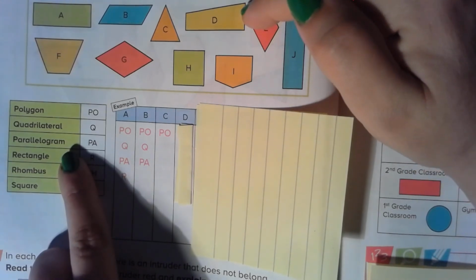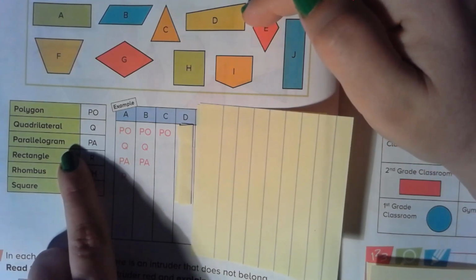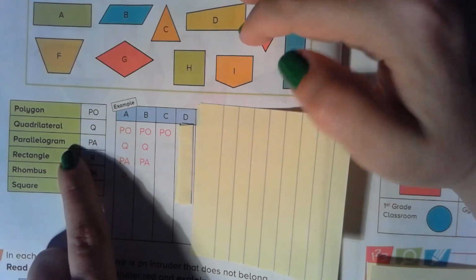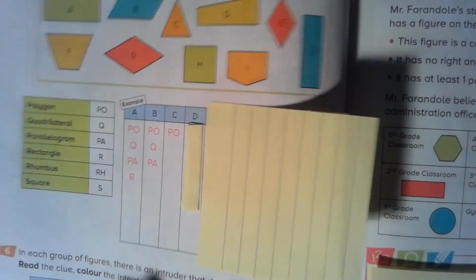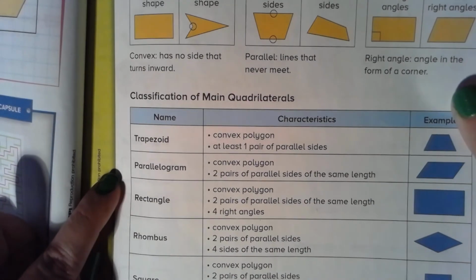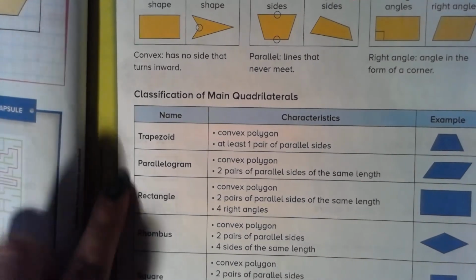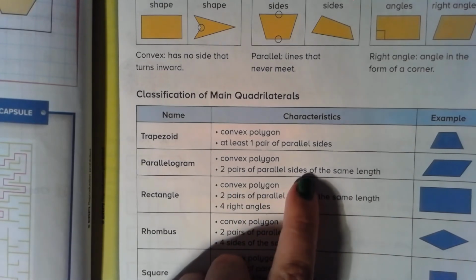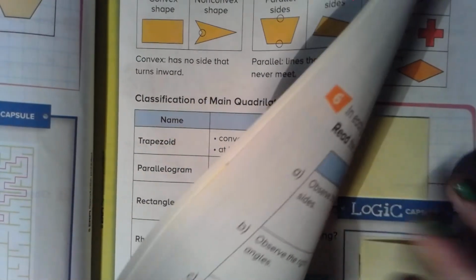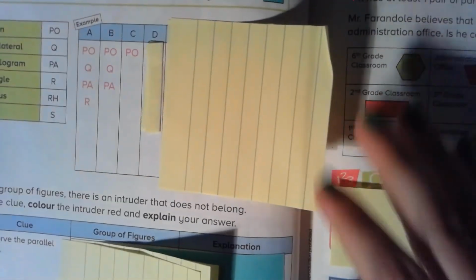Is D a parallelogram? Does it have parallel sides? How many parallel sides did a polygon need again? It's okay to keep going back to page 61. Keep checking if you're not sure. Oh, it needed 2 pairs of parallel sides, and they had to be the same length.